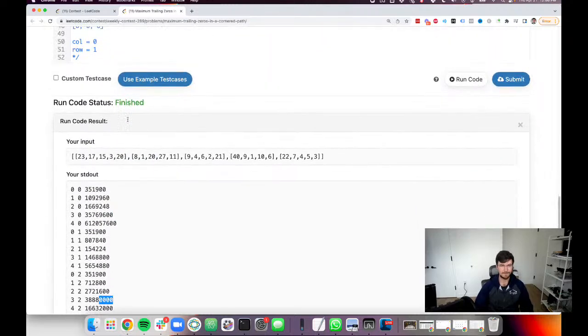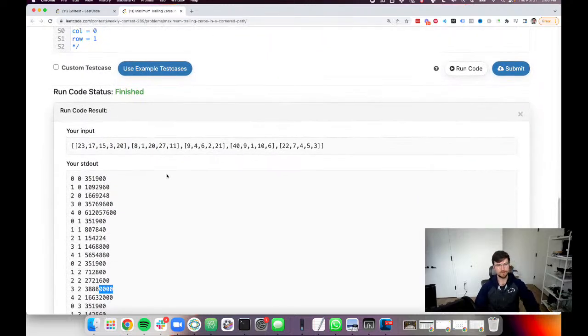If it's the L at row 3, column 2, I'm going down column 2, doing 15 times 20 times 6, that's row 2, times 1 times 10 times 6. Okay, that didn't line up.